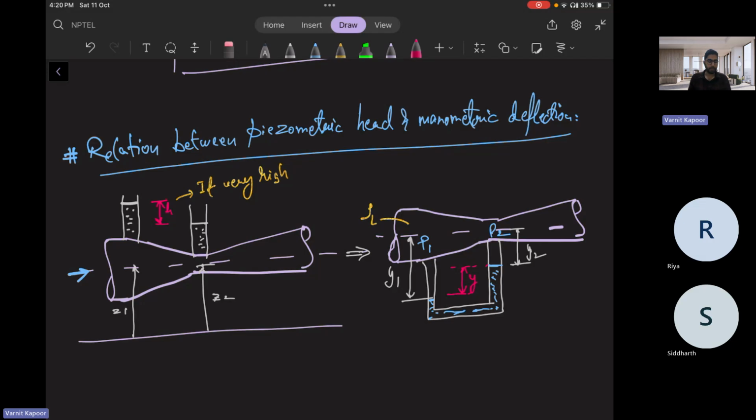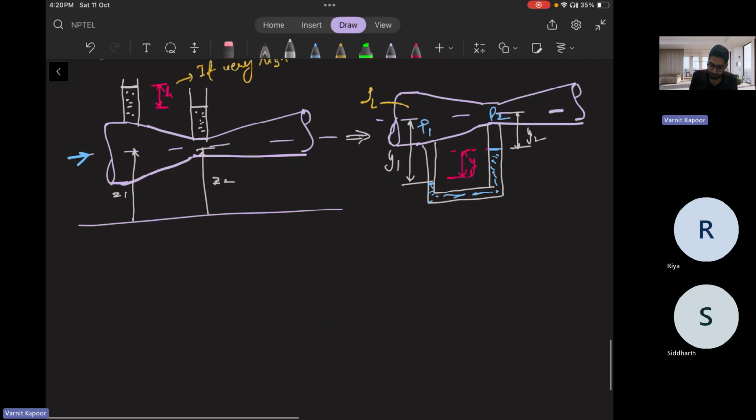So y1 minus y2 is y. And we are saying that z1 is equal to z2. We can observe this from the geometry.